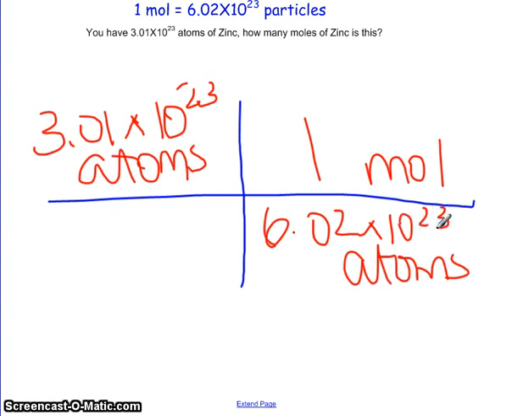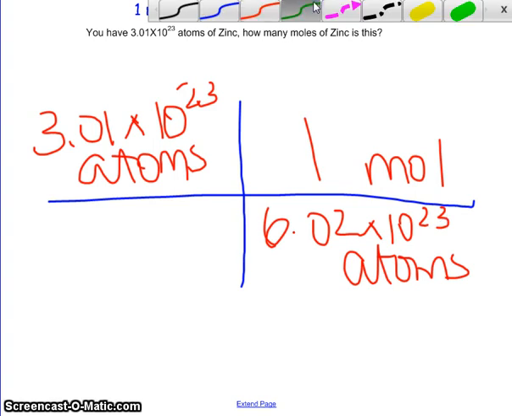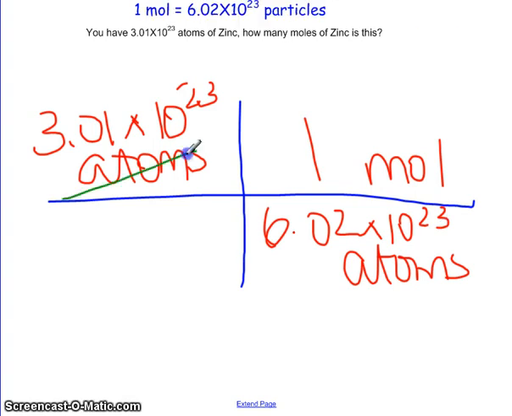Now again, if we were to make predictions, 3.01 times 10 to the 23rd is less than 6.02 times 10 to the 23rd. So we should have less than 1 mole. In fact, if you notice that 3.01 is exactly half of 6.02, that would be a pretty good assumption, since they're both times 10 to the 23rd. But we'll type it into the calculator just to make sure.